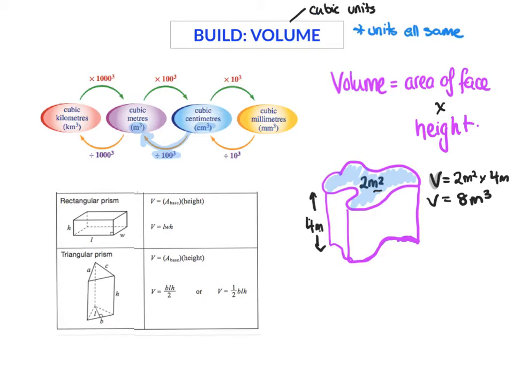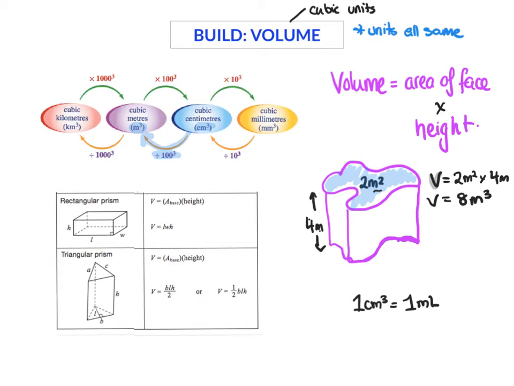All right, so volume 8 meters cubed. Okay, later on you'll see that we change things like, so 1 centimeter cubed is equal to 1 mil. Okay, so we might see that later, because often when we talk about volume, we might start talking about some liquid or capacity and things like that.